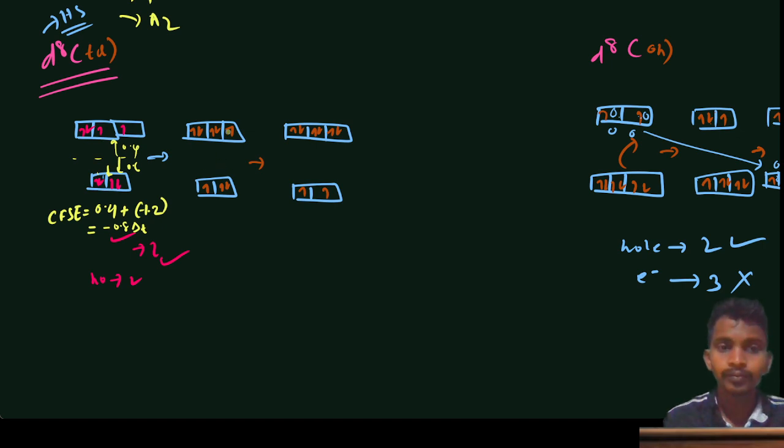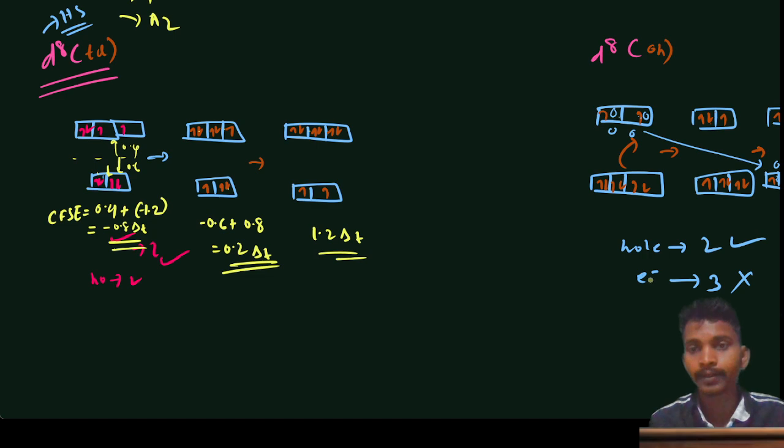Similarly here, and this is 2, so this is going to get 0.6 minus, and how much value is this going to get? So 2's are there, that is 0.8, that is going to get 0.2. For this case we see that this cancels out, so here only 1, 2, 3 are there, so that is 1.2 delta t. This is delta t. These are the CFSE values for this case.